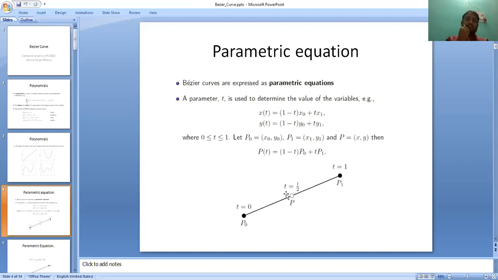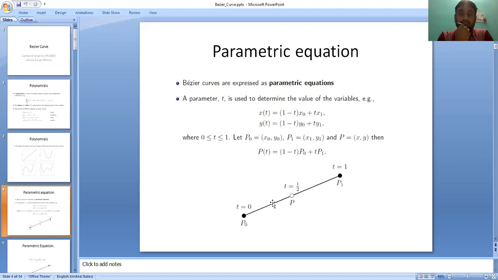But when t is equal to half, you will see that x is equal to x0 by 2 plus x1 by 2, and y is equal to y0 by 2 plus y1 by 2. So you can say that when t is equal to half, there is half contribution of both the points in determining the x and y value at t equal to half.